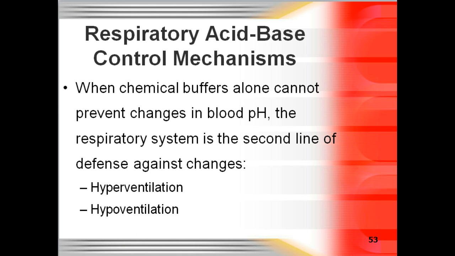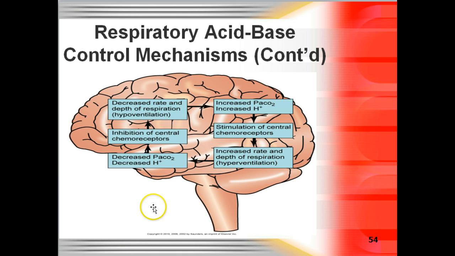So basically, right here, I just want you to look at this. It's telling you that you have a decreased PaCO2, which means you have a decreased hydrogen ion. Therefore, you're going to have inhibition of central chemoreceptors and a decreased rate and depth of respiration.